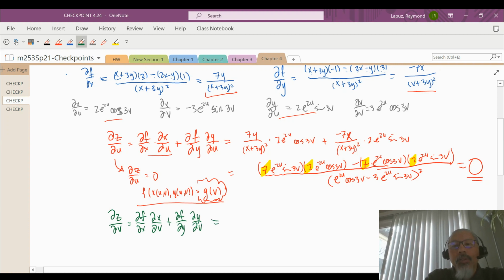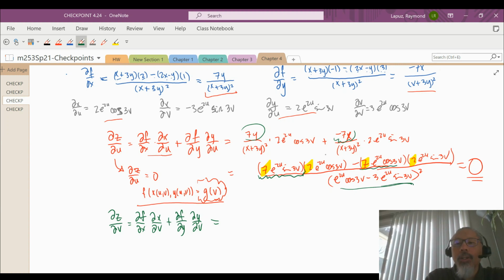We have these partial derivatives already figured out. We can recopy everything over, but I think I'm going to steal this portion as 7y, and our big denominator is the same. So negative 7x is over here with the same big denominator. So the only thing that I would probably want to change is these two terms here.